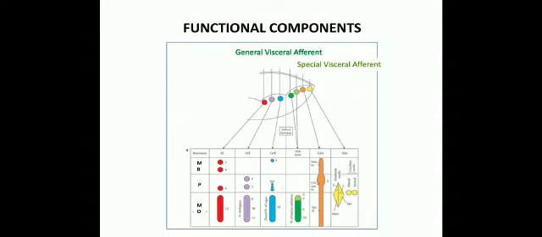So, next we are having the general visceral afferent and the special visceral afferent. The only nucleus in this category is the nucleus of solitary tract or tractus solitarius.